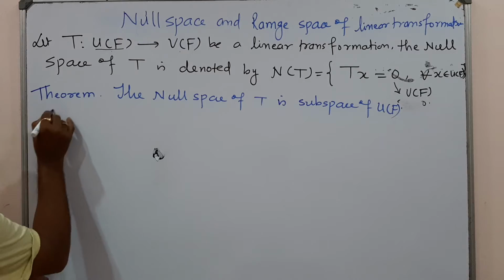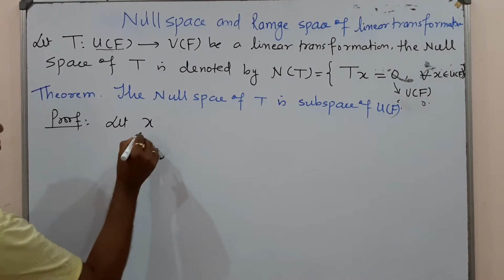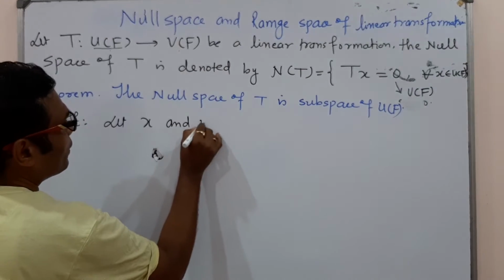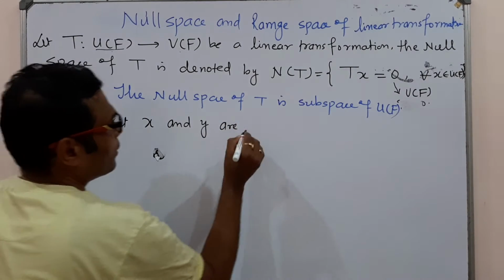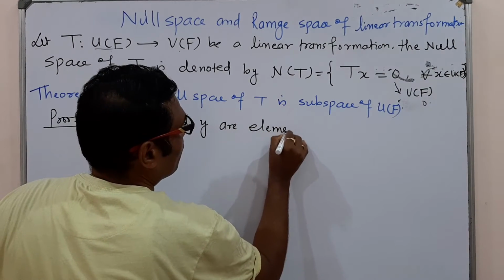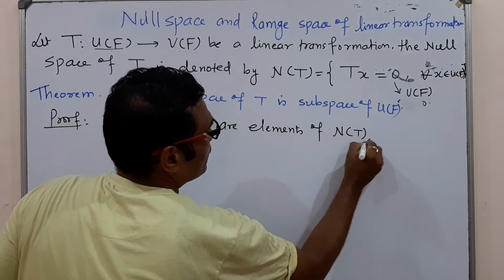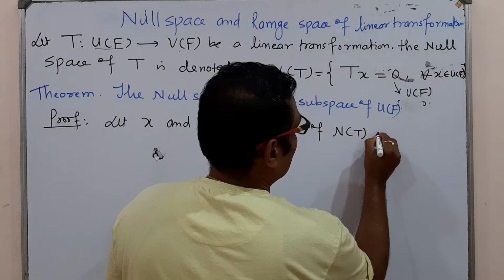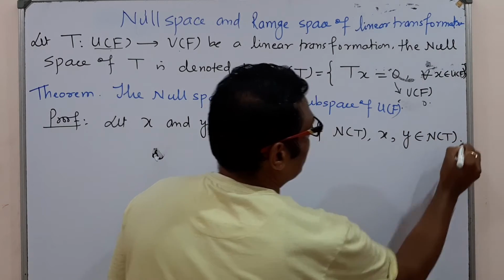So the proof. Let small x and small y be elements of NT. That is, this small x and small y belong to NT.